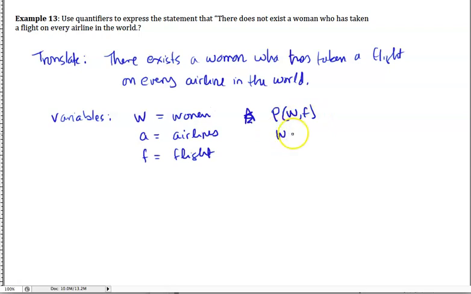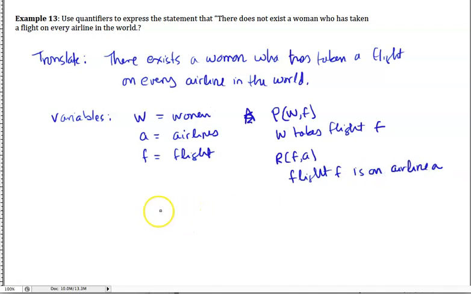So W takes flight F, right? And let's have R of F, A be the statement that flight F is on airline A. Okay, so now we're going to say that there exists a woman.